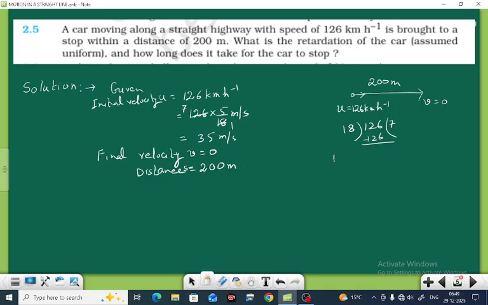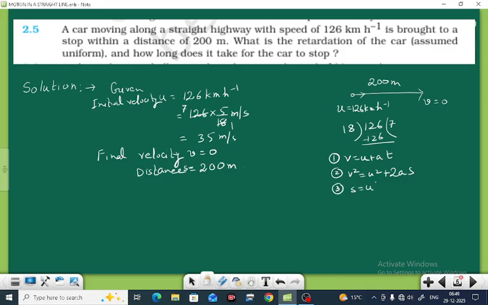We have three formulas, you know that. One is v equal to u plus at. Number 2 is v square equal to u square plus 2as, and third equation is s equal to ut plus half a t square.